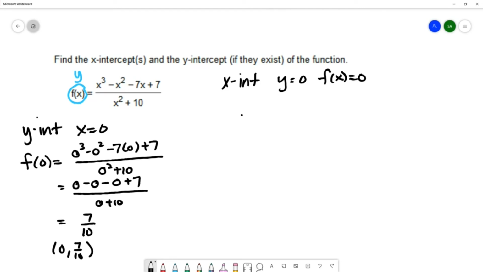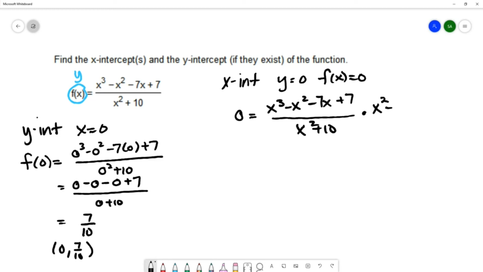And that would give us the equation 0 equals x cubed minus x squared minus 7x plus 7 over x squared plus 10. And we want to solve this equation. When we first look at it, it looks pretty messy because of the fraction. There's a method for getting rid of the fractions called clearing fractions. And what we do is we multiply by the denominator on the left and the right of the equation.